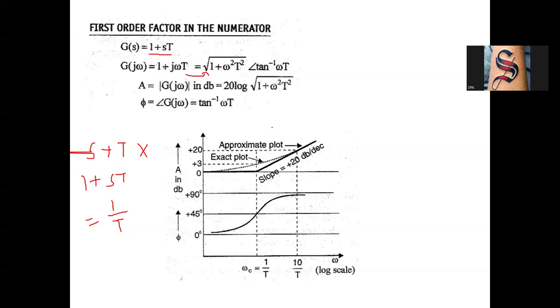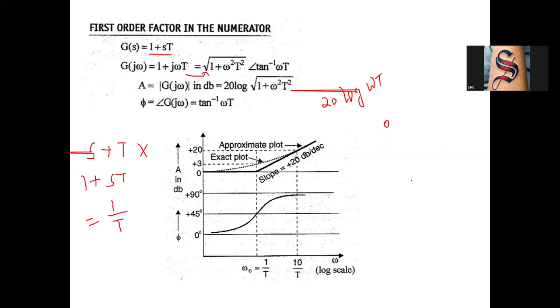So that is 20 log of omega T at high frequency regions. Now, if you substitute the omega value 1 by T, T gets cancelled, 20 log of 1, how much is it? 0 decibels. Next, when omega is 10 by T, T gets cancelled.